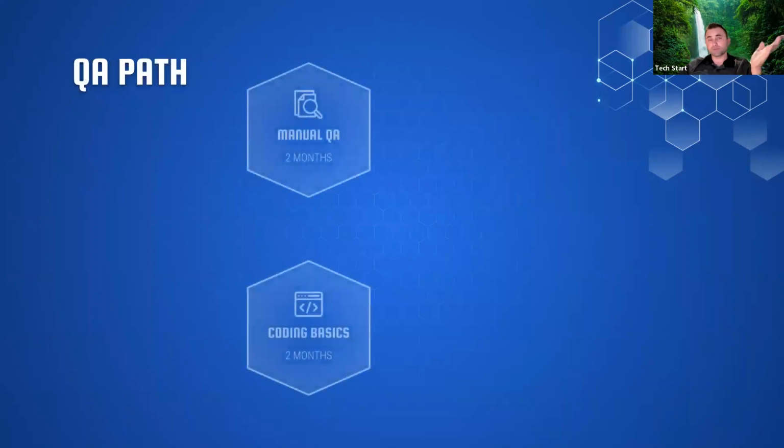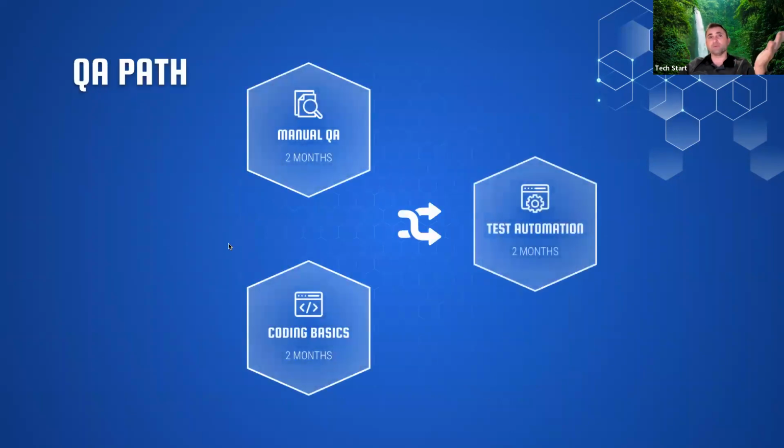And actually, it's very similar to what we do on the main course. The main course, it says 2 months, but it's 3 months. This is the structure of our main course. So we do the same on the main course, and that's why on this free course you will be able to understand our approach, because this is what we usually do. We teach people manual QA and coding basics in parallel.